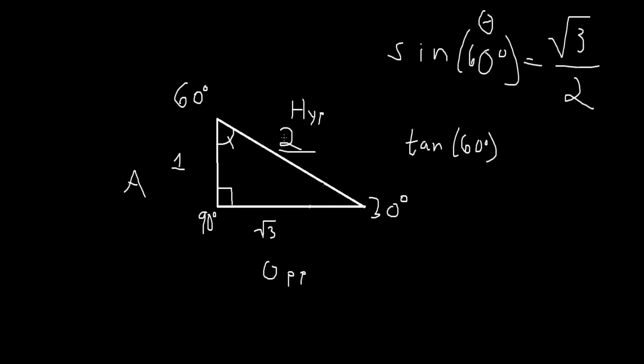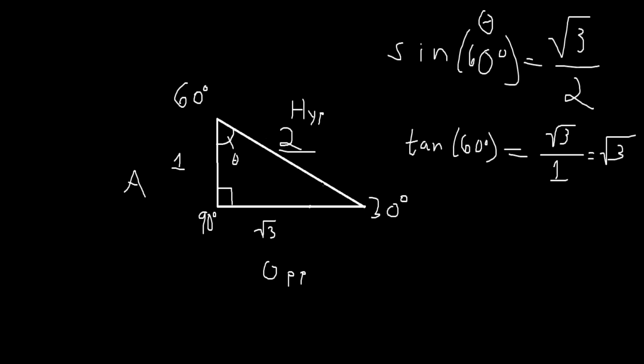This is still our theta right here, because it's still 60 degrees. Tangent is opposite over adjacent, so opposite is square root of 3, adjacent is 1. So the tangent is just the square root of 3.